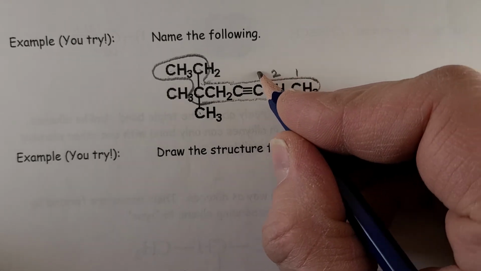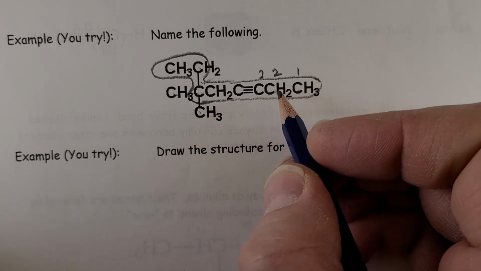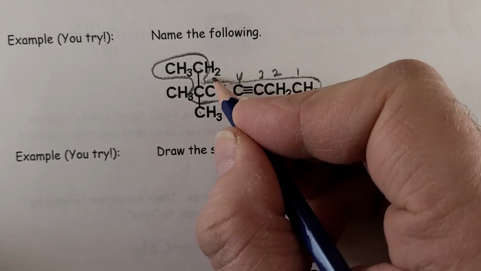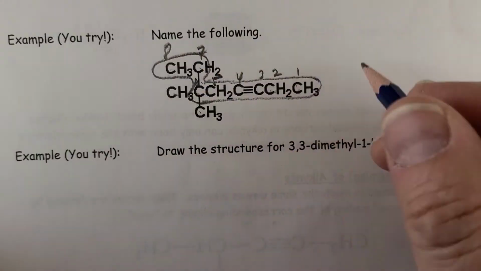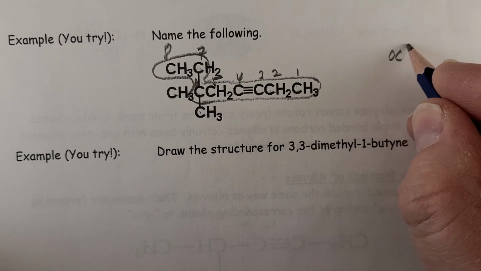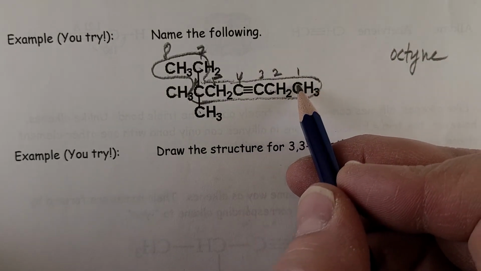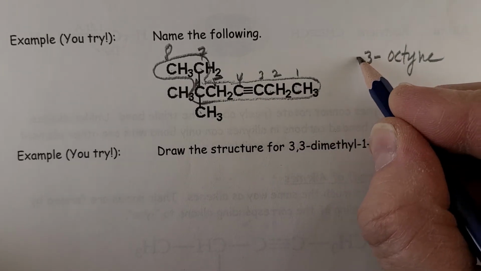So notice this one has a combination of not showing the bonds, but just look for carbons. Count the carbons and you can't go wrong. So 1, 2, 3, 4, 5, 6, 7, 8. There's 8 carbons there, so that's going to indicate octyne. And that triple bond starts at position 3. So position 3 is where I'm going to put that.